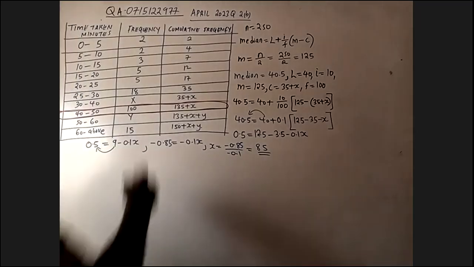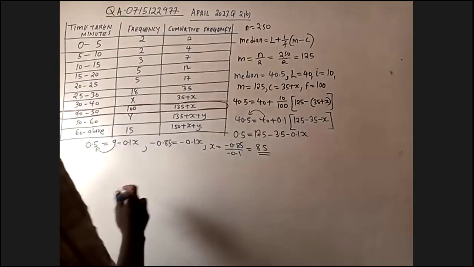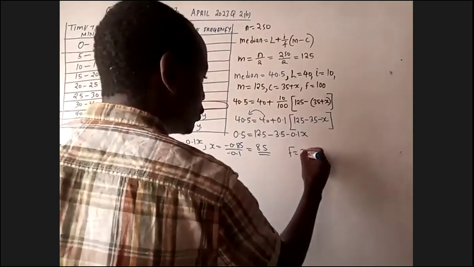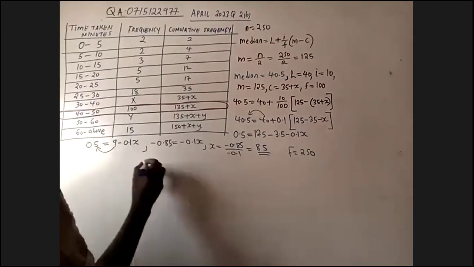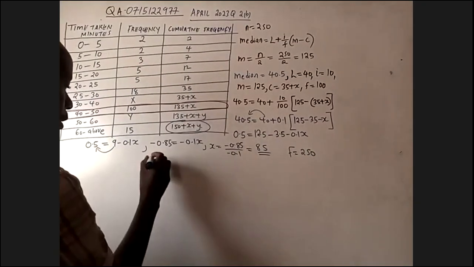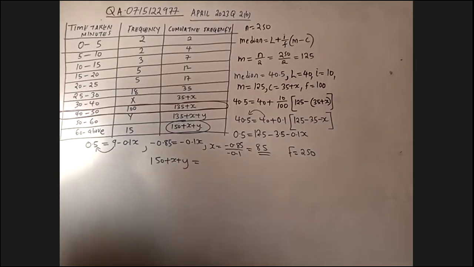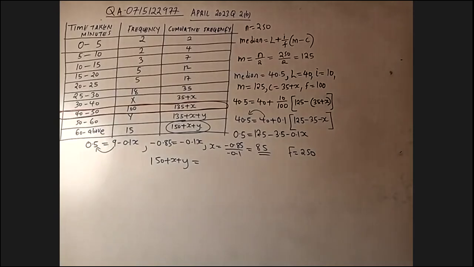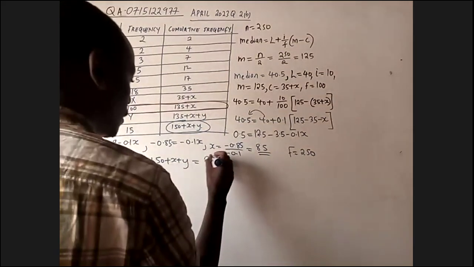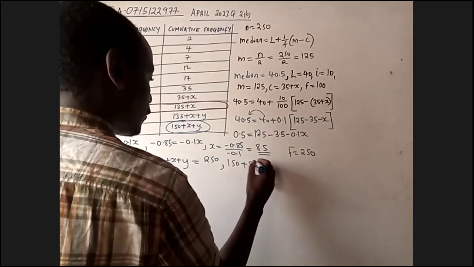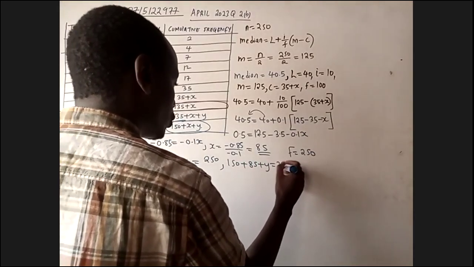We know our total frequency is 250. Looking at the last one, our total frequency 150 plus x plus y must be equal to 250. We know the value of x: 150 plus 85 plus y is equal to 250.